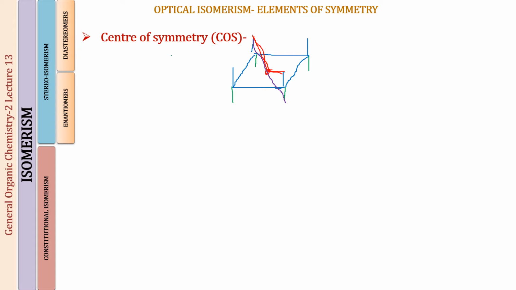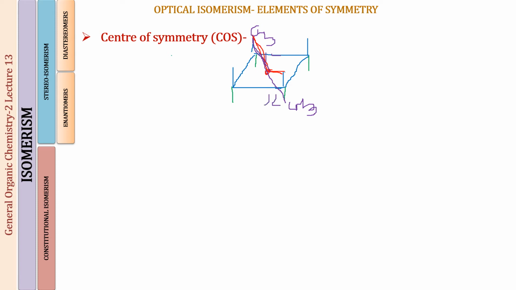So now supposedly if I tell you that there is a CH3 group over here and a CH3 group over here, right? So if I move a distance x this side, an equal and opposite direction, it is going to be a CH3.